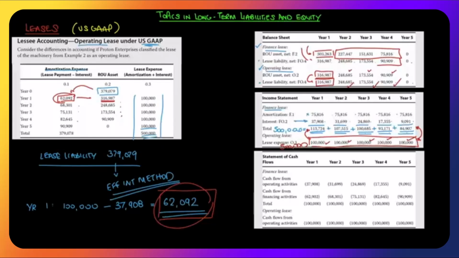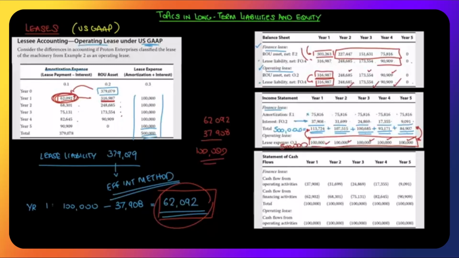Why is it constant? Because we forced it to be constant. We forced it by charging amortization equal to the principal repayment, which means we have amortization of the principal repayment. We had interest of $37,908, $100,000. That's for year 1. Again, track it through. You'll see the same thing happens every year.